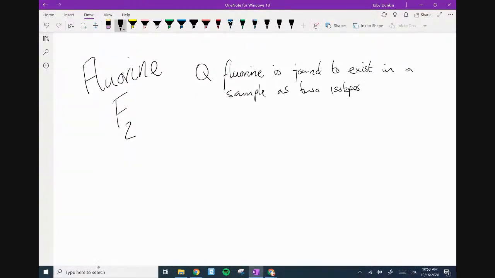Those 2 isotopes are fluorine 19 and fluorine 21. They'll tell you their abundances. The abundance ratio is 2-to-1, respectively.